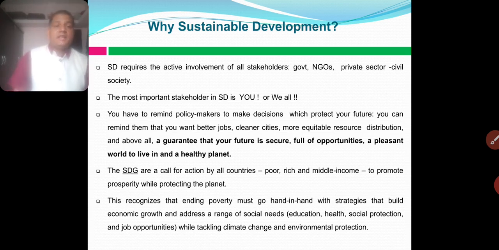This recognizes that ending poverty must go hand in hand with strategies that build economic growth and address a range of social needs that include education, health, social protection, and job opportunities, while tackling climate change and protecting the environment. This is the main purpose and need of sustainable development, to remove problems from the nation.